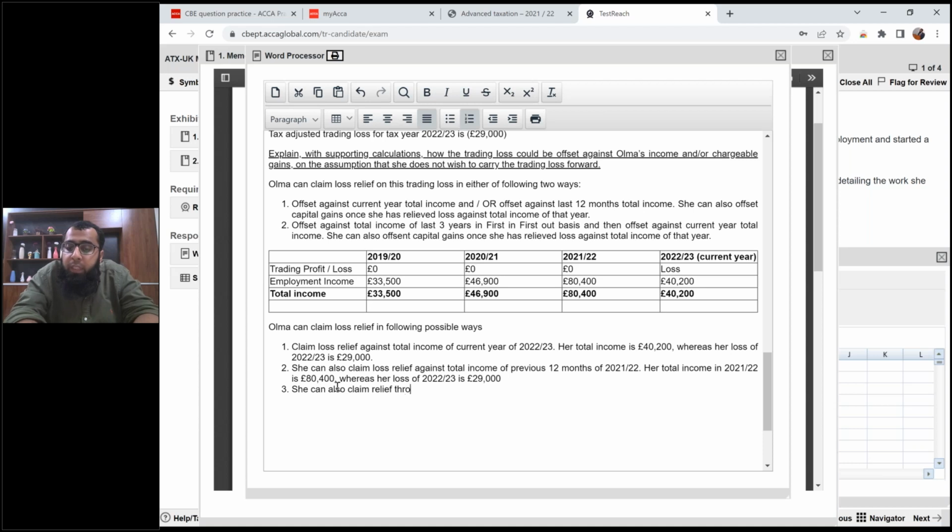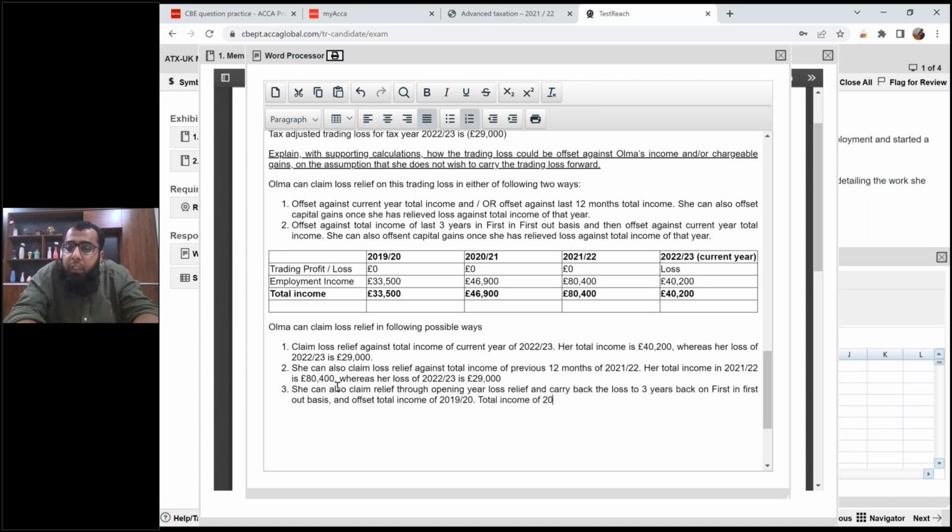She can also claim relief through opening year loss relief and carry back the loss to 3 years back on a first in first out basis and offset total income of 2019-20.